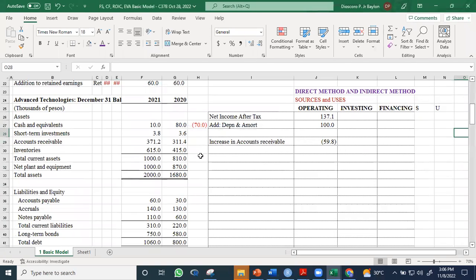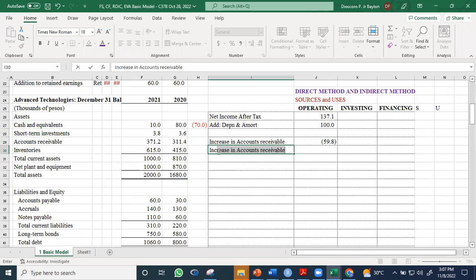All right, next, inventories. Inventories climbed from 415 to 615. Let me write here, increase in inventories.